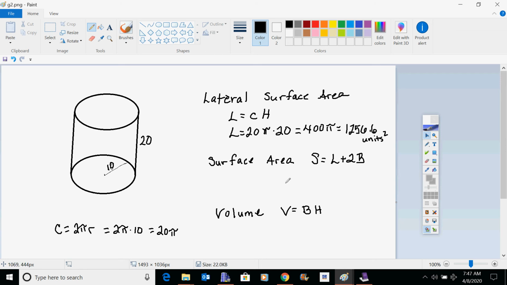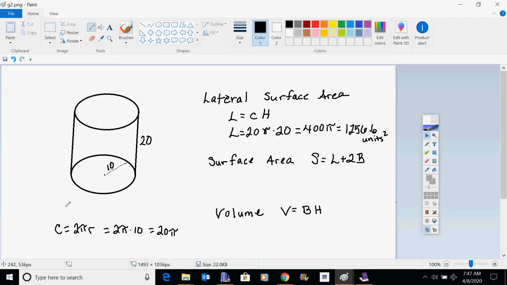Okay, so the surface area once again is the lateral surface area plus 2 times the base. Now this was a question that somebody asked. Just to clarify that, you're using the perimeter in order to get the lateral surface area, but you have to use the area formula for a circle to get that top and bottom circle.